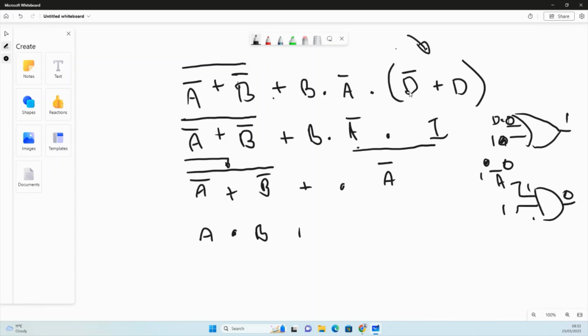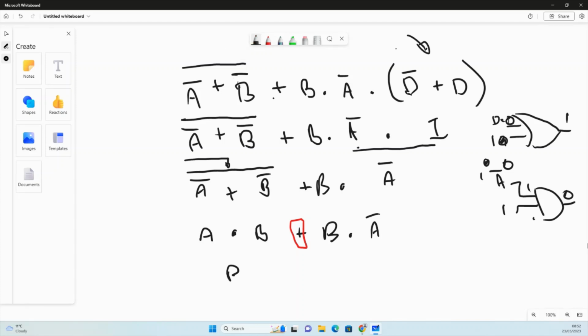So I've got A and B, or, don't forget that, B and not A. So that's my De Morgan's bit done. So now, either side of this, I've got a B. So I could take B and factor it.